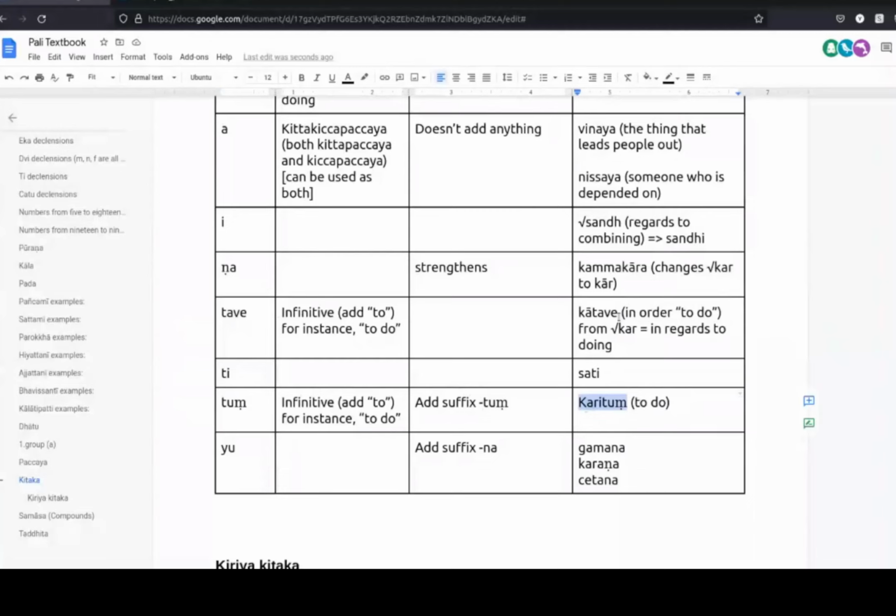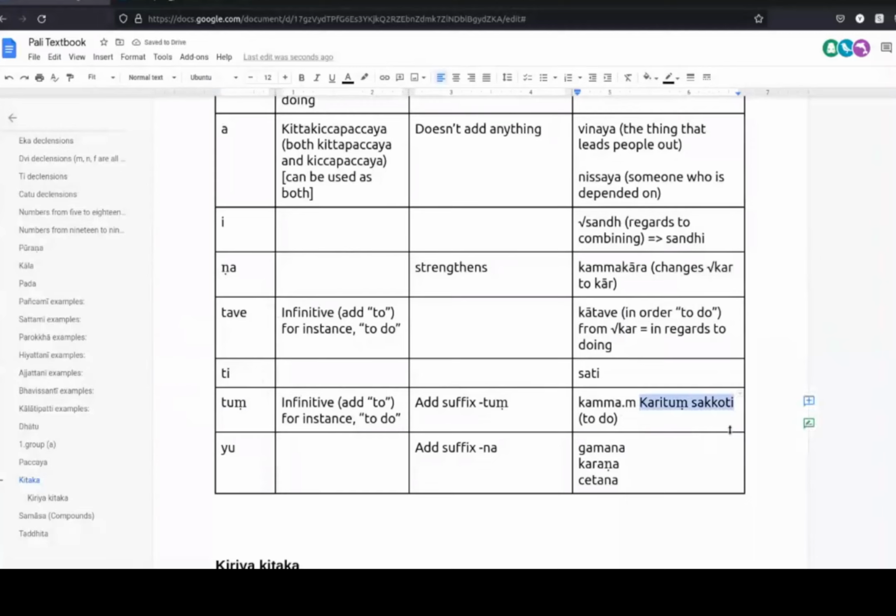So these two actually have a different sort of purpose. They have a very specific, this one especially has a very specific purpose in a sentence that makes it not like the others. It's like, so if you said like kammang karitung, it means to do kamma, but you would say sakoti, like this.